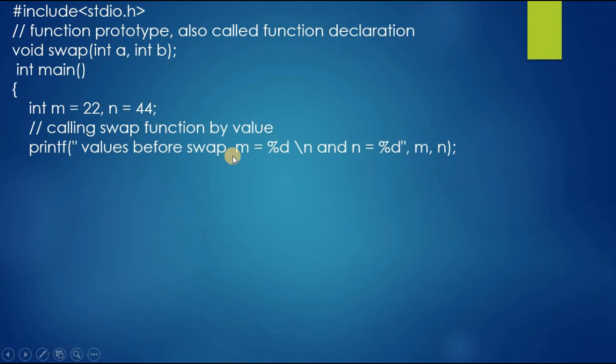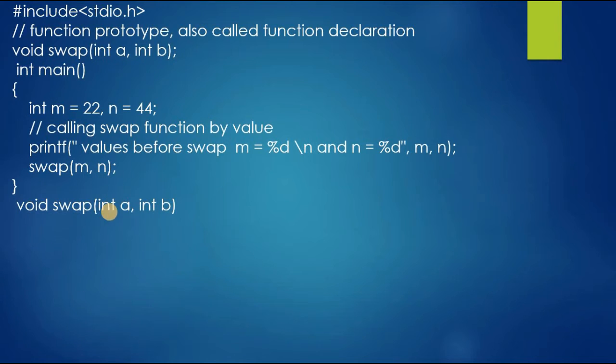So in the printf statement it will print the value of m as 22 because we already declared m is equal to 22, and it will print n is equal to 44 because we already declared 44. Then we are calling the swap function. Inside the argument is m comma n. Then we close the bracket. By closing the bracket we ended our main function.